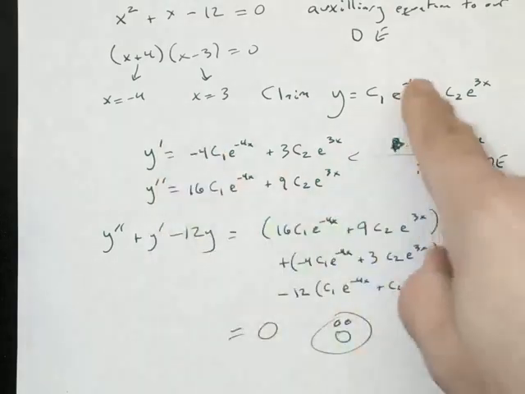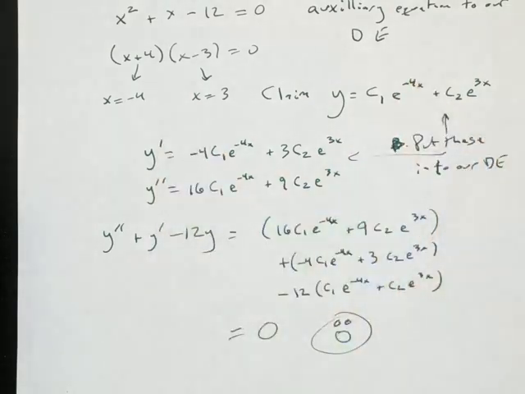that what we've created by writing e to the minus 4x and e to the 3x are two solutions to our differential equation, and then any combination of those two solutions works. This is based on an idea called independence.